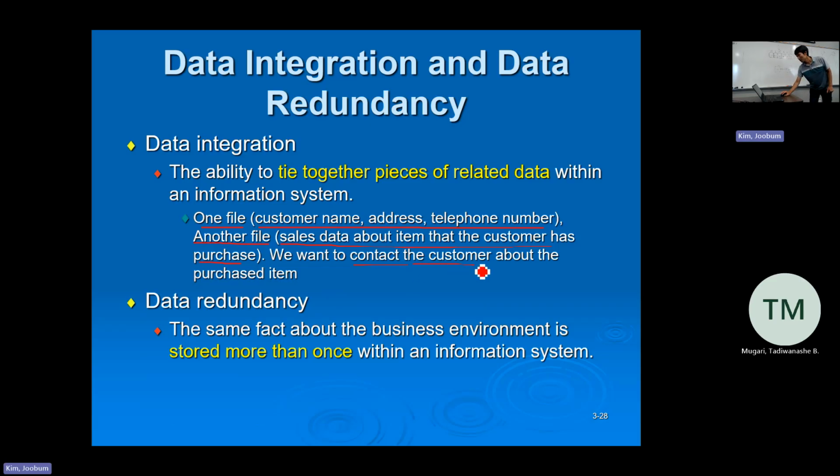If we want to get the customer contact for a purchased item, we need two tables. The customer name is in the first table, then the purchase history is in the second file. So to get the customer for the purchased item, we need those two tables and files. That means integrating two tables, two files. That is integration. What is redundancy?